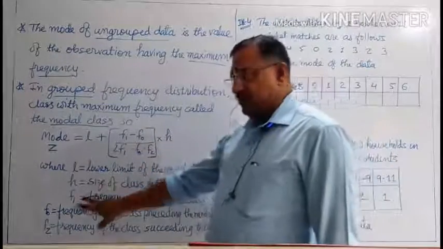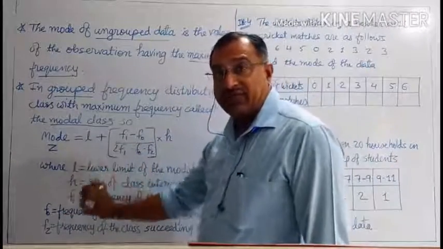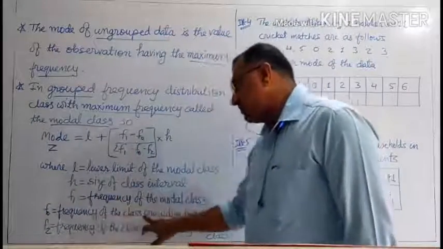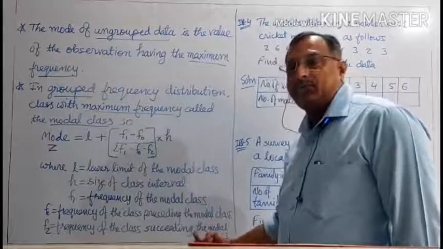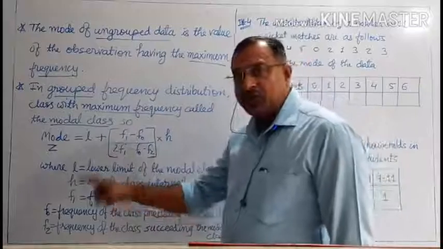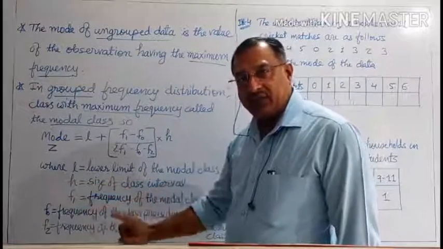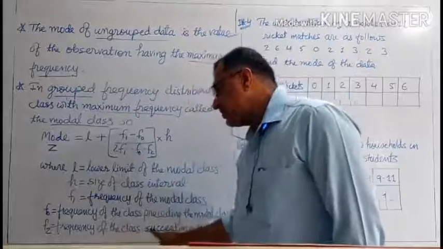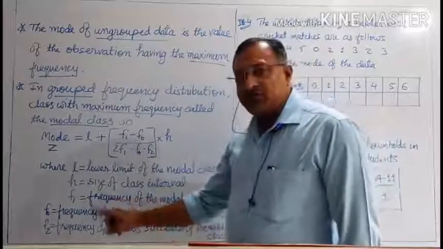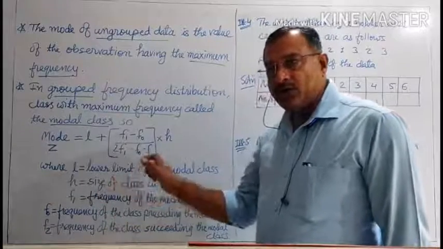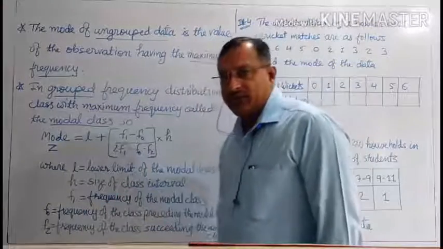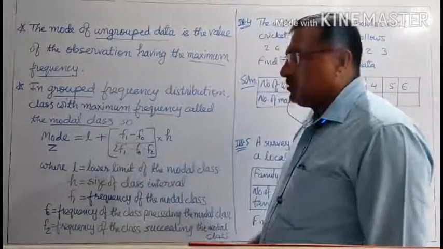F1 is the frequency of the modal class, whereas F0 is the frequency of the class preceding the modal class, and F2 is the frequency of the class succeeding the modal class. Suppose the modal class is given, then the frequency of the next class is F2.